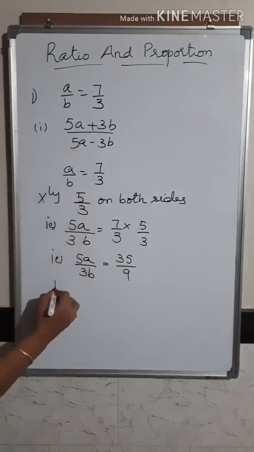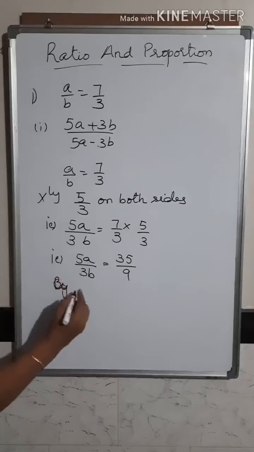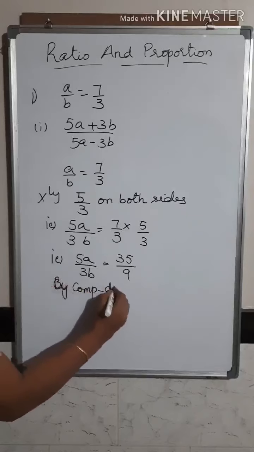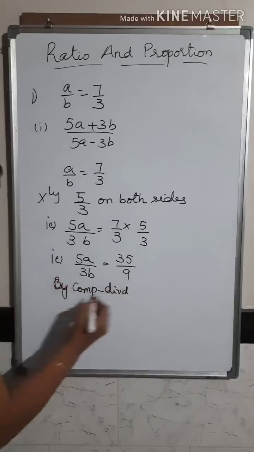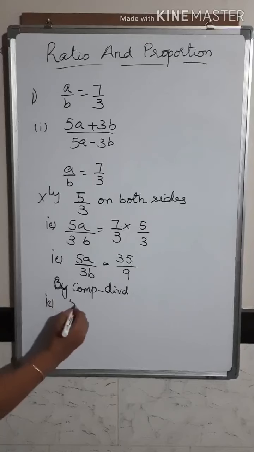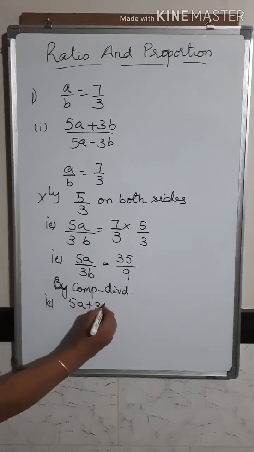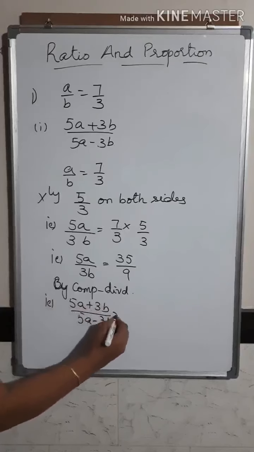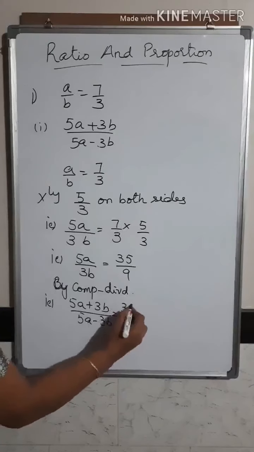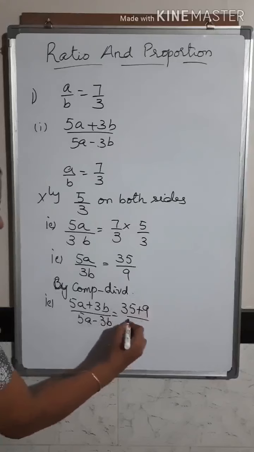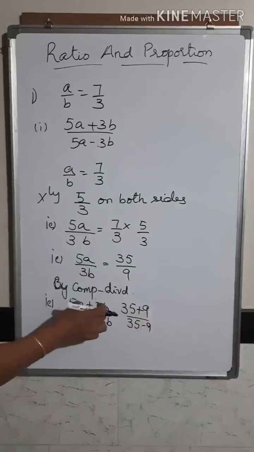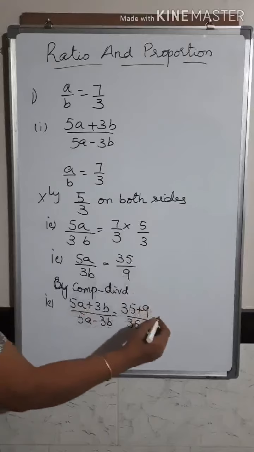Now see what property has to be used. You have to use componendo dividendo. We get 5A plus 3B upon 5A minus 3B is equal to 35 plus 9 upon 35 minus 9. Whatever you do on one side, the same has to be done on the other side.